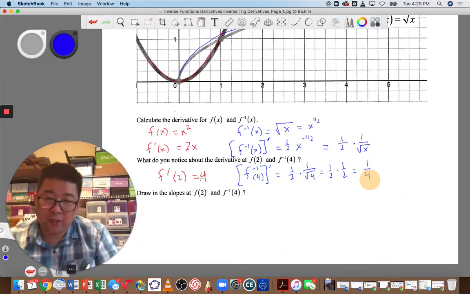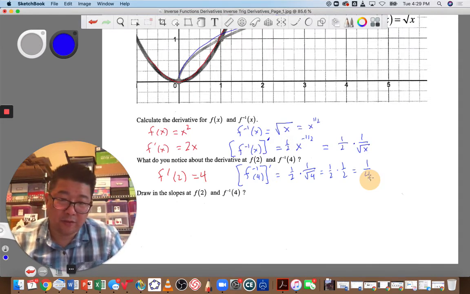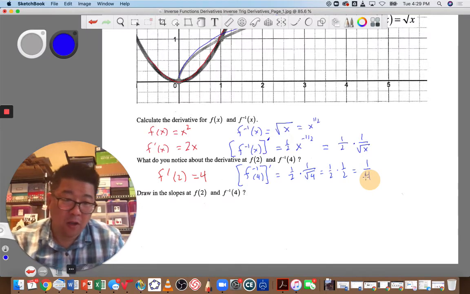So if you take a look at the slope for a function and the slope at the related point on its inverse function, you can see that there's 4, there's 1/4.